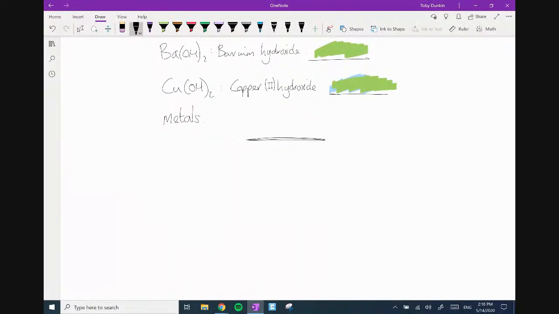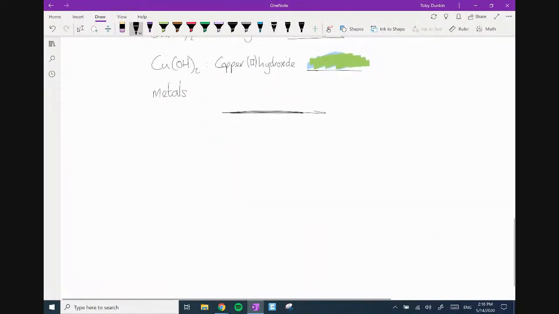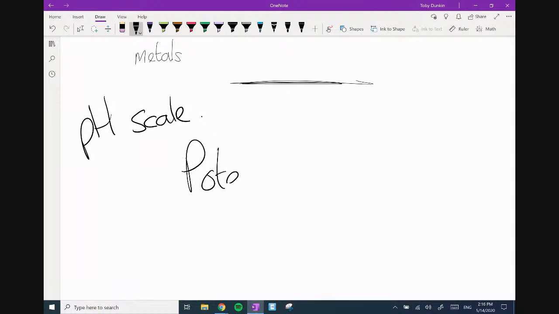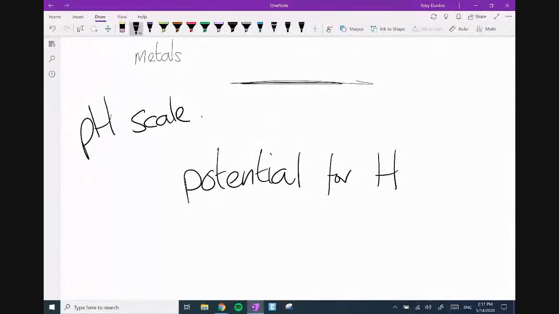Okay. Next. Now what we need to talk about is the pH scale. I'm hoping that you guys have already realized this by now. What does the pH stand for? It actually stands for potential for hydrogen ions.